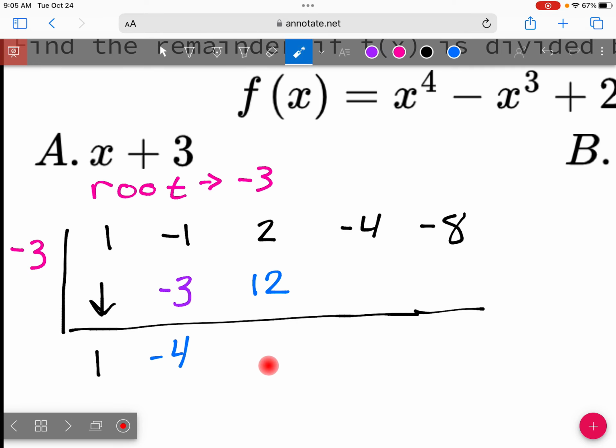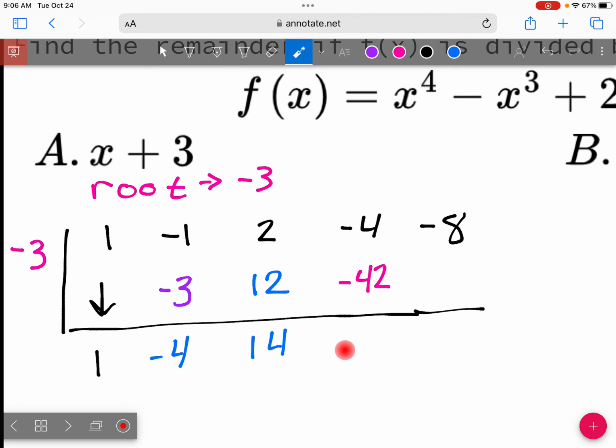And here? 14. Positive 14. What's going to go here? -42. Which means what's going here? -46. We're adding them together.